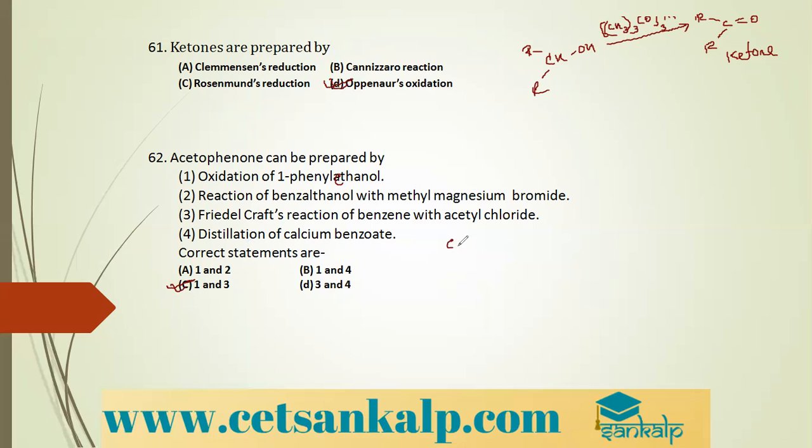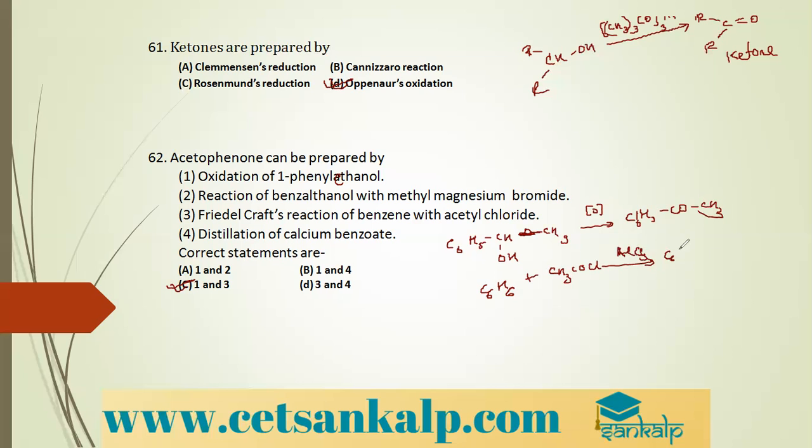Let us see. It is C6H5 CH(OH) CH3. When it is subjected to oxidation, we get C6H5COCH3. Yes, acetophenone is obtained. Third reaction, Friedel-Crafts reaction, C6H6, first PUC syllabus, with CH3COCl in presence of anhydrous AlCl3.